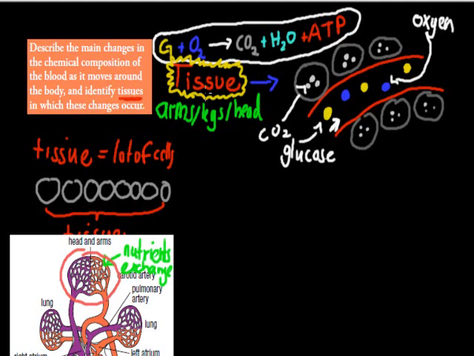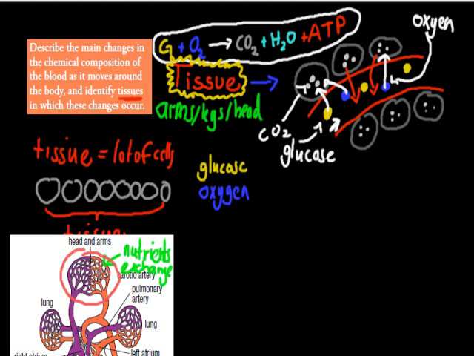So what actually happens at the tissue level is glucose goes into cells, and oxygen goes into cells because we need that for cellular respiration. But carbon dioxide, all that bad stuff, goes into our blood. So when we're talking about the change in blood composition at the tissue level, glucose and oxygen are needed by cells, so they go out of the blood.